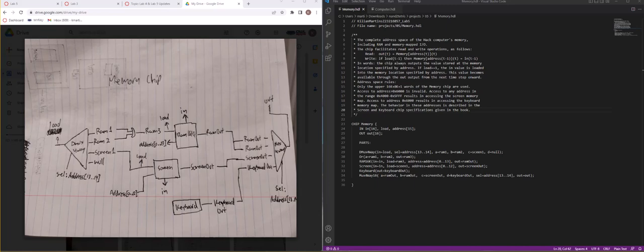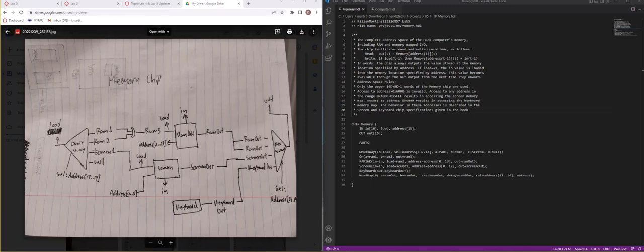Then we'd have the output coming out again to a four-way MUX, and again that would be two spots for the RAM out here, and then you'd have the output.